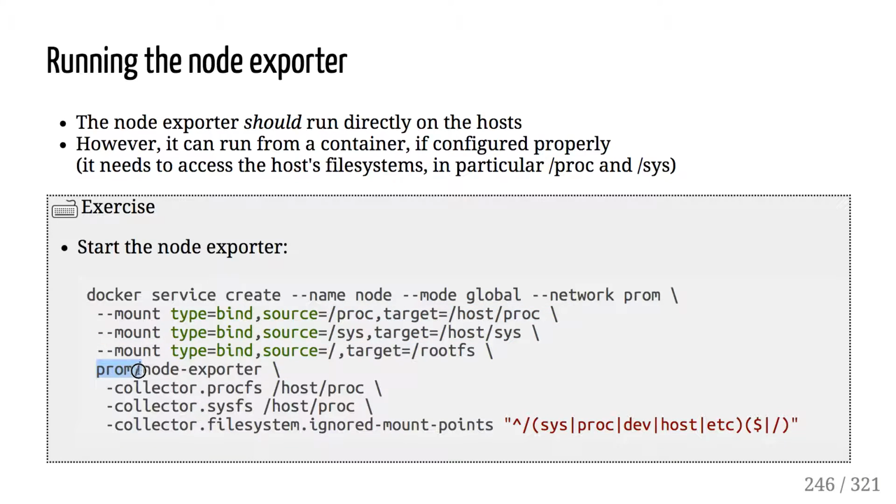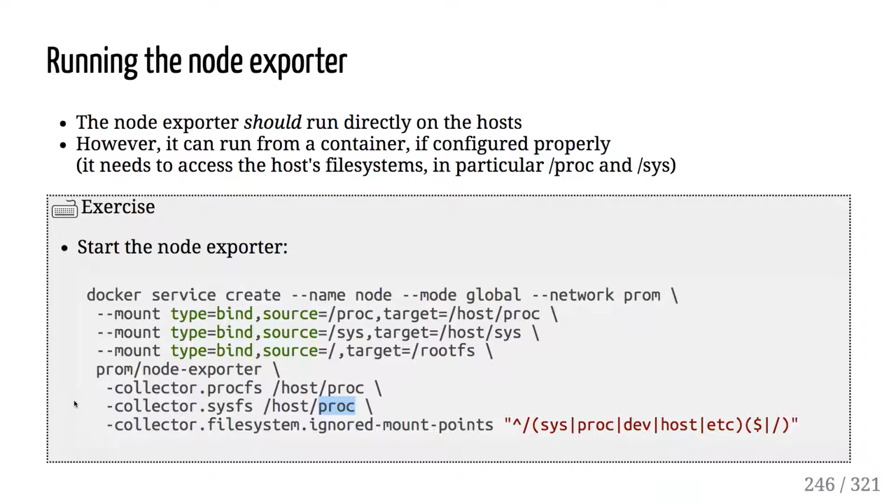Then I say I want to run prom node exporter, and I just give a few extra options. Like if I'm running the exporter straight on the machine, I just run node exporter and that's it. But here it's in a container, so I'm just telling it, by the way, I don't want you to get the metrics from /proc and /sys, but from /host/proc and /host/sys. And there is a typo here, it should be /host/sys.